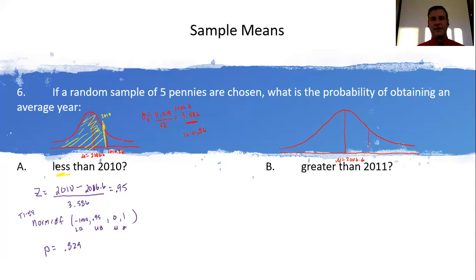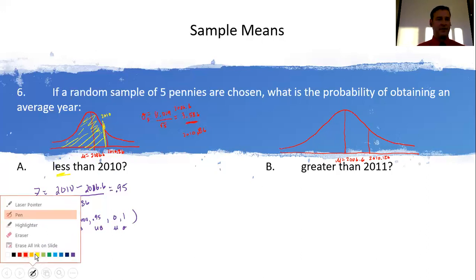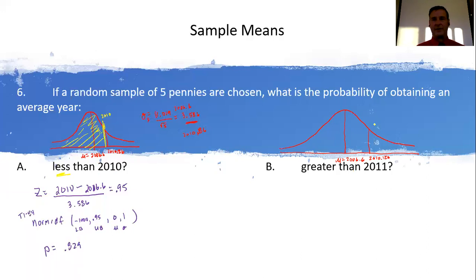Here's one standard deviation away, 2010.86. Sorry, that should be 2010.186. That didn't change our answer from before. We're interested in values that are bigger than 2011, so I'll make 2011 here, and I will shade it to the right.